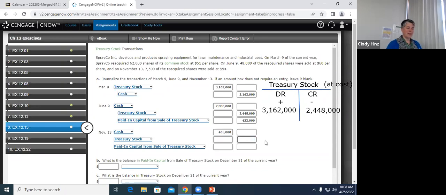But we only want to take it out of the treasury stock account at $51 per share at cost, at our cost. And then the difference, the other $3 per share, to make this entry balance, 22,500.